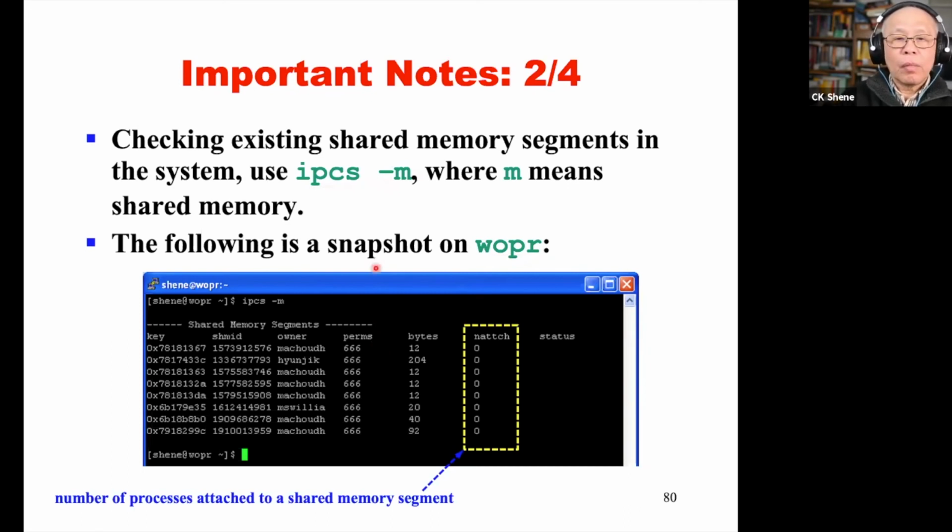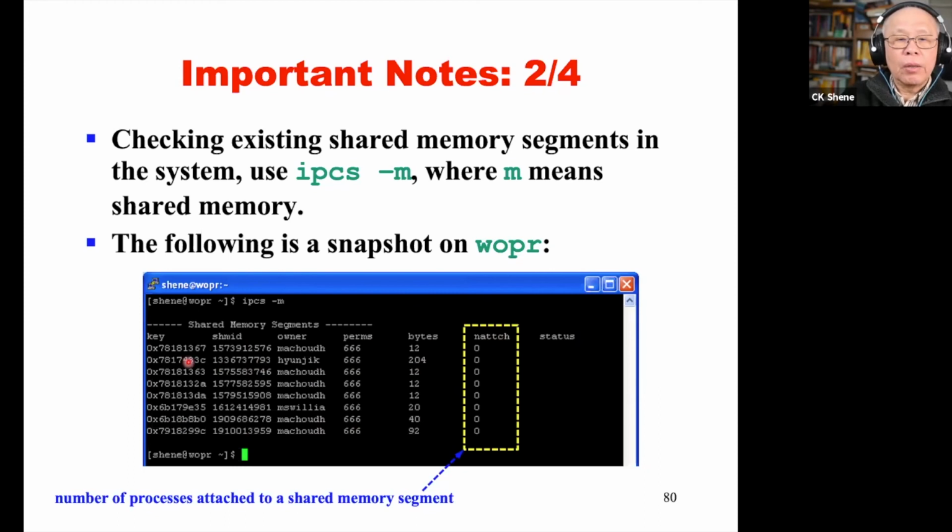So in the output, the first column is the key of that shared memory. This is the shared memory ID and the owner of the shared memory. And this is the permission. And this is the number of bytes. And this is NATTCH, which means how many processes have that piece of shared memory attached. We will talk about status on the next slide.